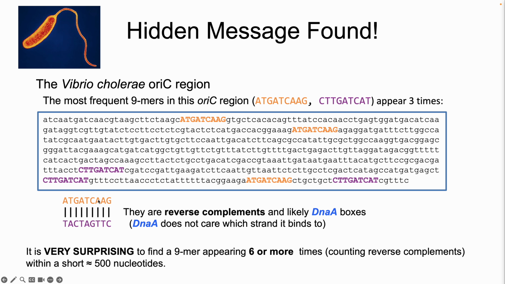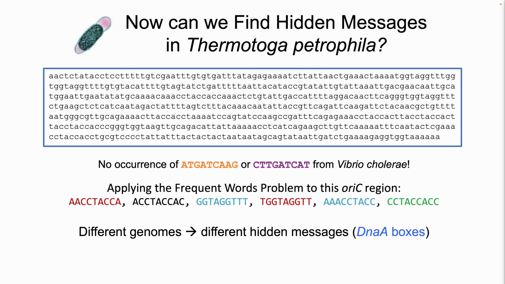That's your candidate binding site in Vibrio; this is probably what the polymerase is recognizing to say start replication here. In some sense, we've solved the ori problem for Vibrio just using this frequency approach. But back to the problem I hinted at earlier: if you look at the region where we know replication starts in Thermotoga, that pattern isn't there, so the binding site doesn't seem to be there.